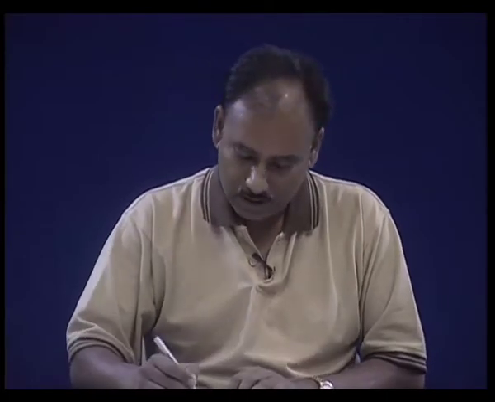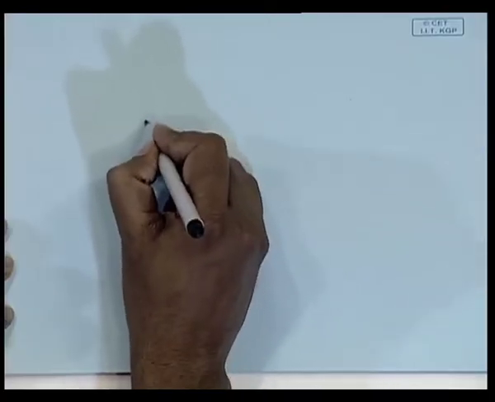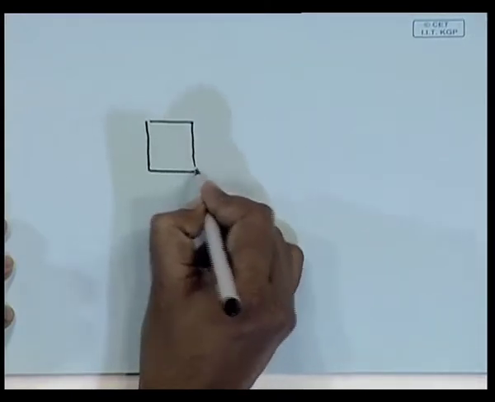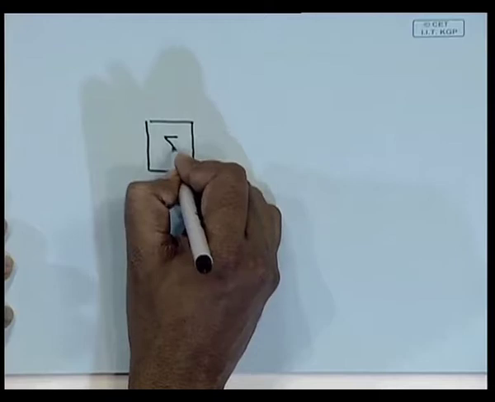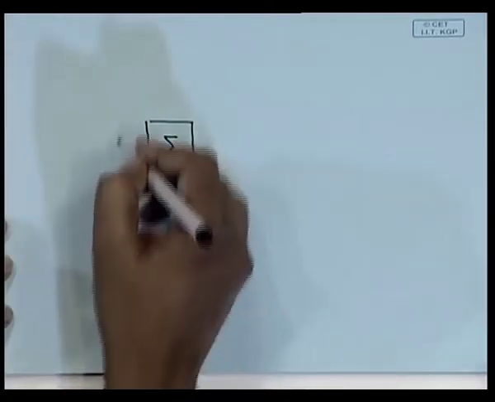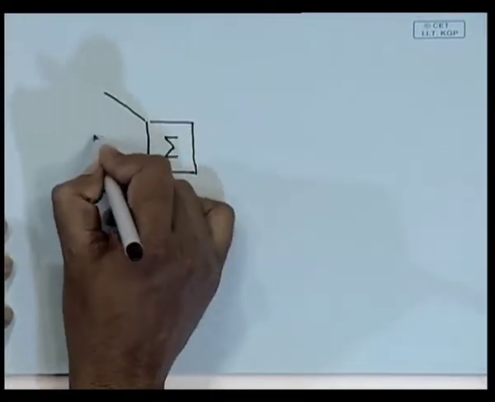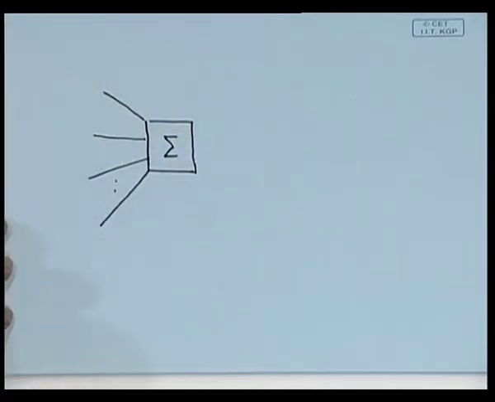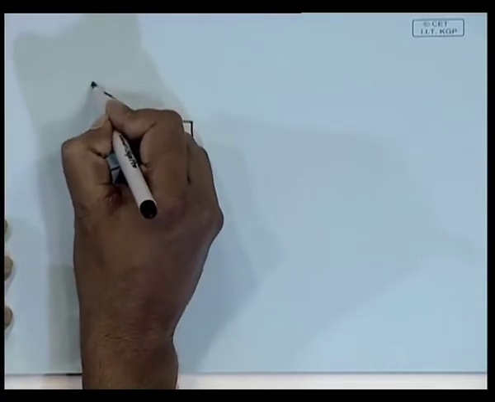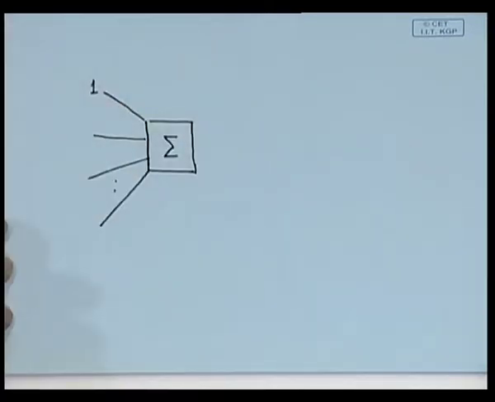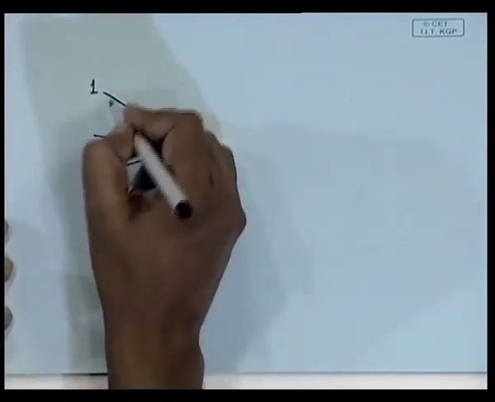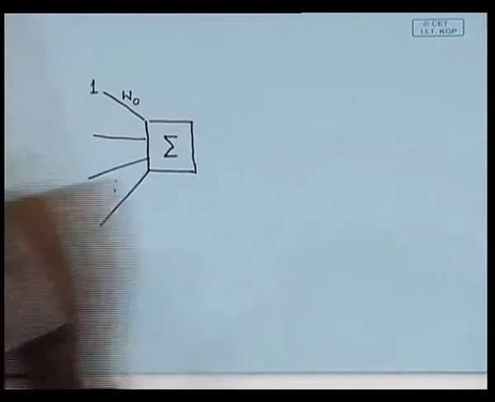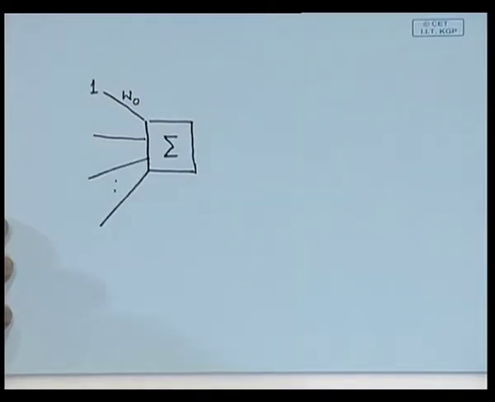So let me draw the same neural model, where I have this addition and I have different inputs. One of the inputs I can put equal to 1 constantly, and the weight given to this input can be w0.